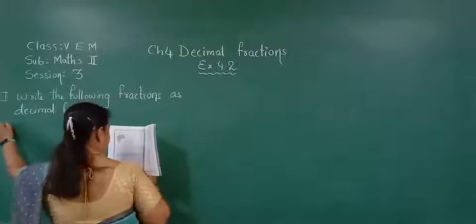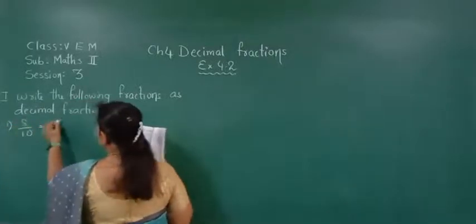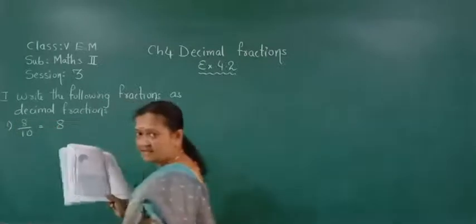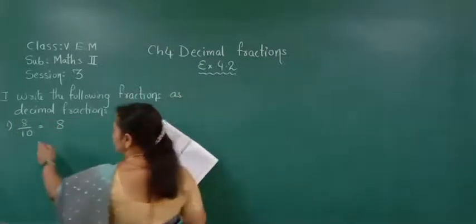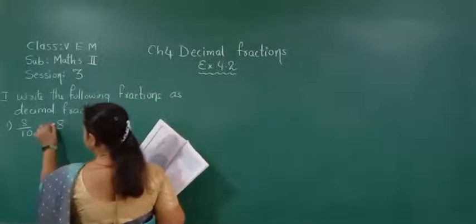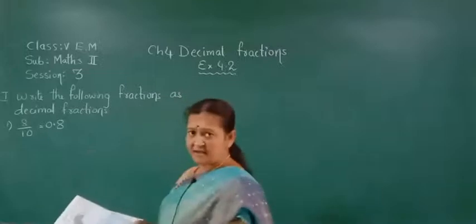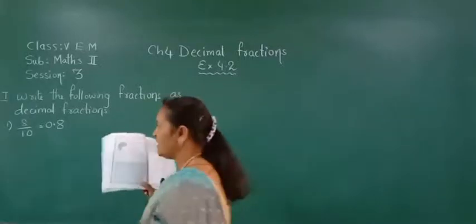First one, 8 by 10. So here write first the numerator 8 as it is, then count the number of zeros in the denominator. We have 1 zero, so count one digit, put the decimal point and 0. So here 8 by 10 is equal to 0.8.